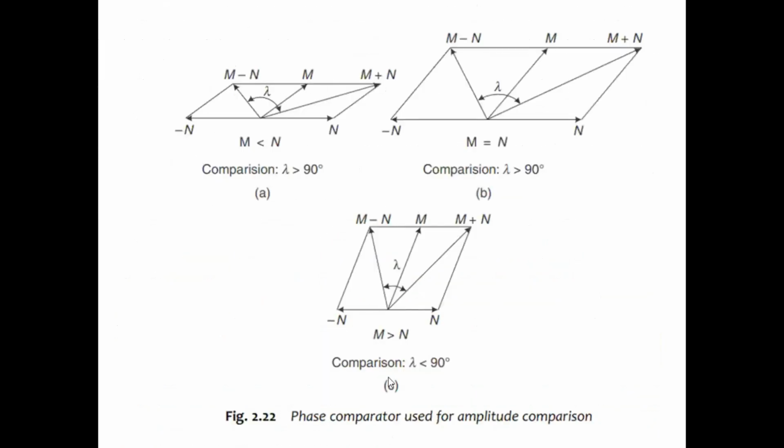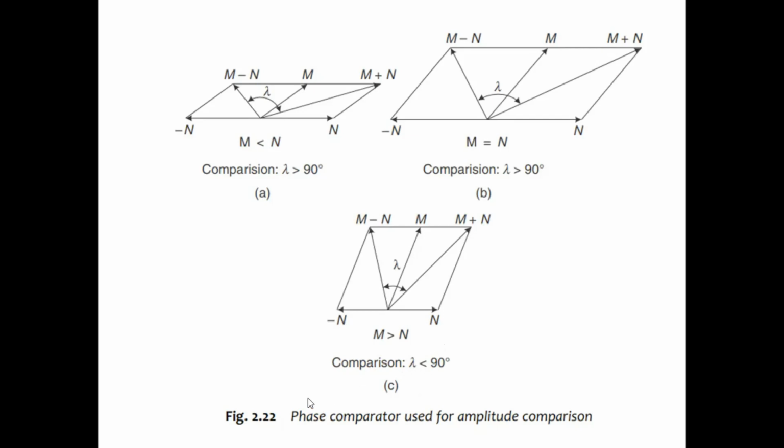This is the phasor representation of a phase comparator used for amplitude comparison. In figure A, lambda is greater than 90 degrees; in the second figure it is shown that M is equal to N, and lambda is greater than 90 degrees also; and in the comparison, lambda is less than 90 degrees.